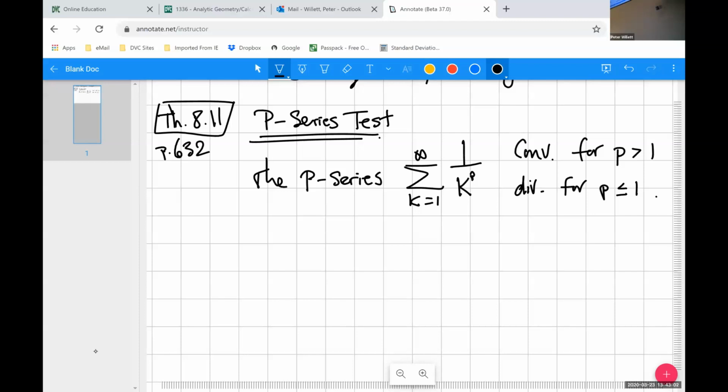Now, we could immediately apply this, for example, as a way to also do the harmonic series. Now, we've already looked at the harmonic series lots of ways. The integral test would do the harmonic series, but the harmonic series is an example.